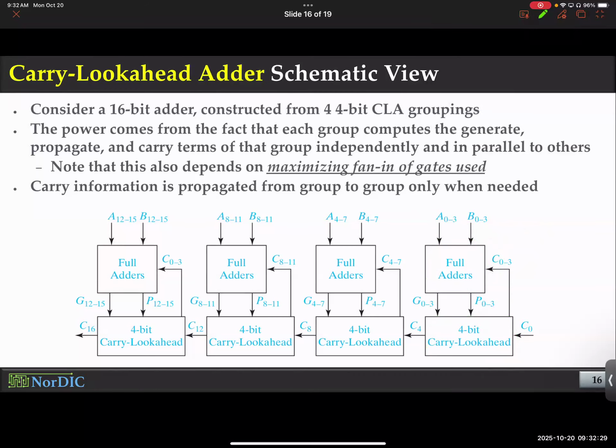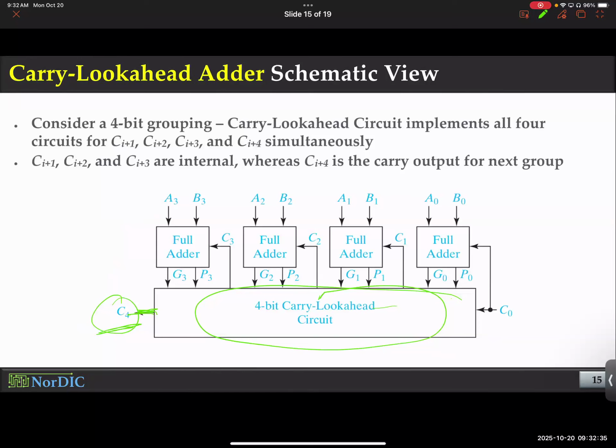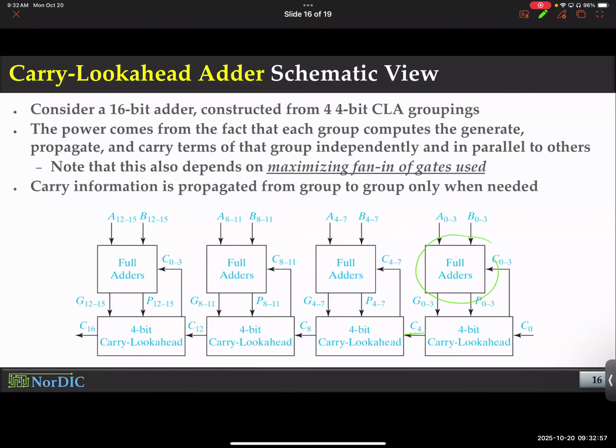Once you figure out the carry output, just remember the last slide, we calculated the last carry from this one, and we could provide the carry 4 to the next block as the input carry. Notice there was an input carry here. So you just use it as a Lego block, and you use this final carry as the input carry for the next block. So every block has 4 full adders.